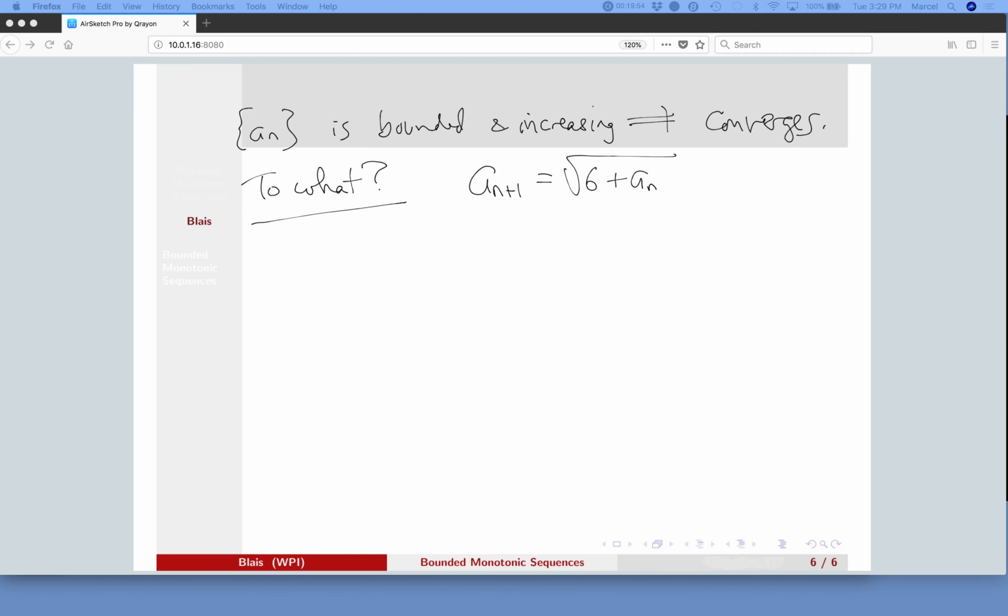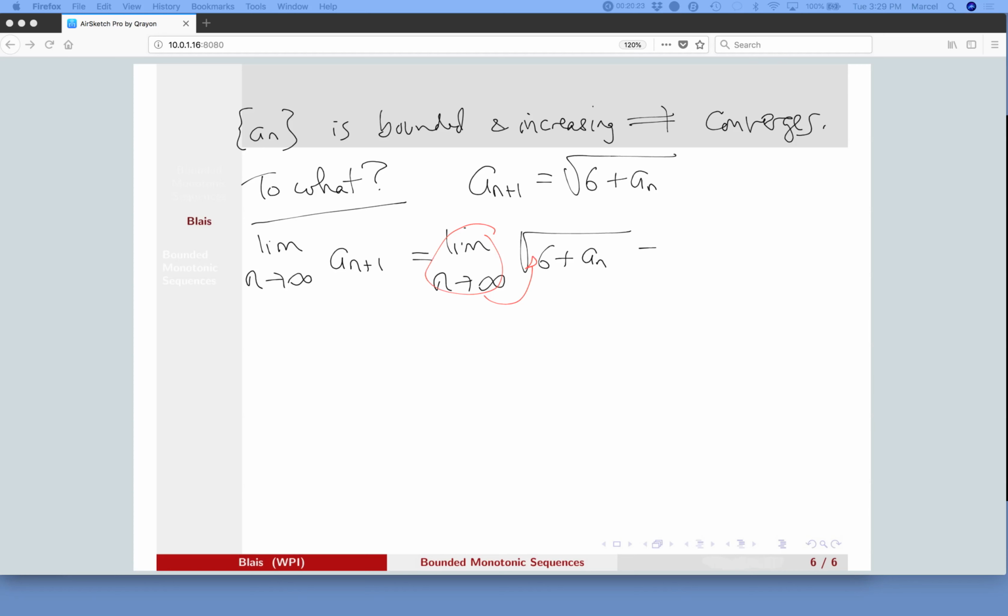And now let's take limits of both sides. So the limit, as n goes to infinity, of a sub n plus 1 equals the limit as n goes to infinity of root 6 plus a sub n. Now, because the square root of x is a continuous function, this limit can be brought inside the square root sign.